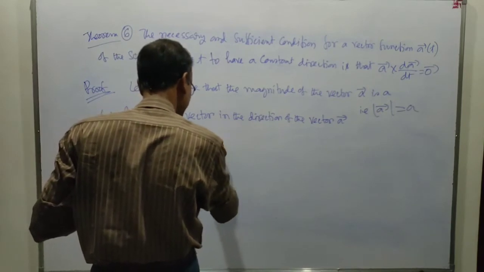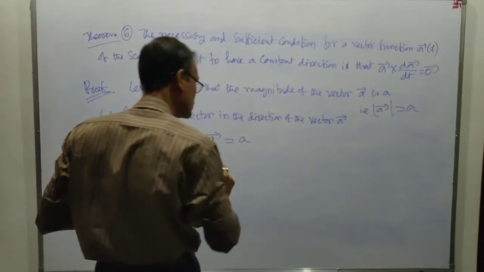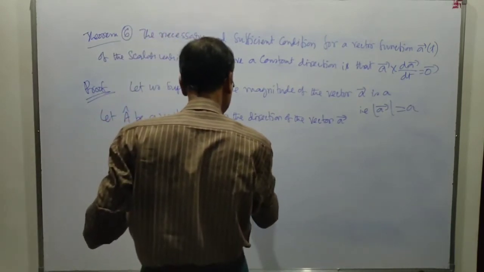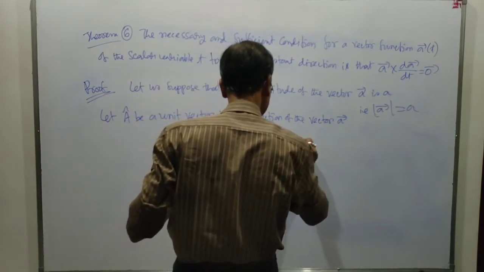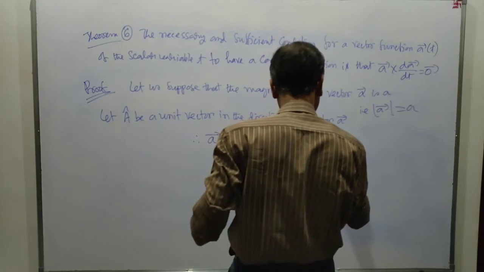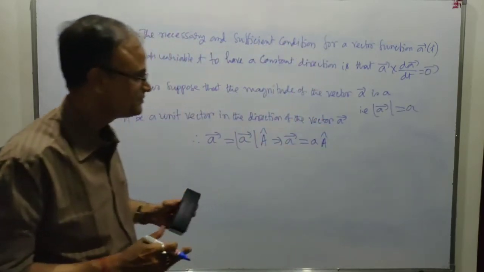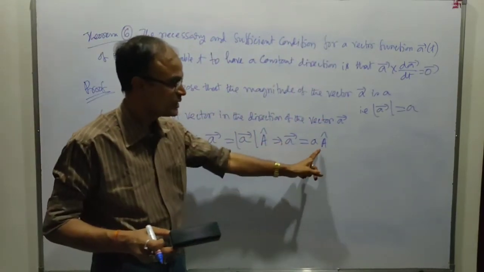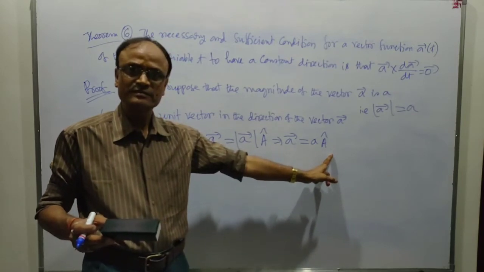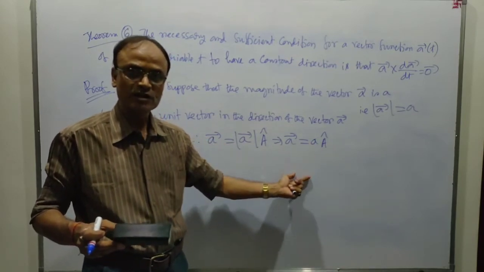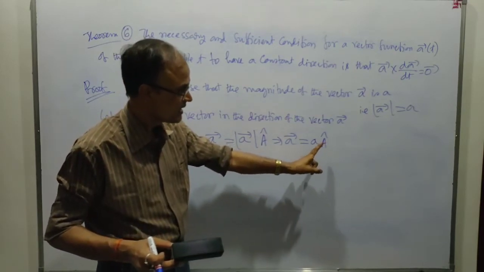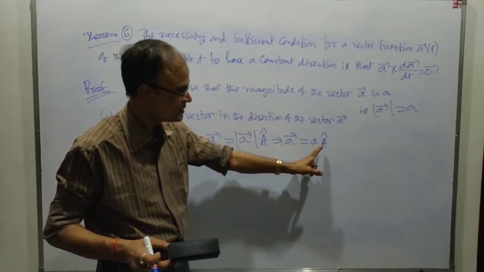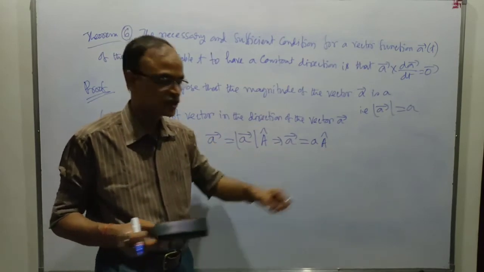Therefore, any vector is equal to the magnitude of this vector times the unit vector in this direction. You may write like this: A vector equals A times A cap, the magnitude of the vector multiplied by a unit vector in that direction.